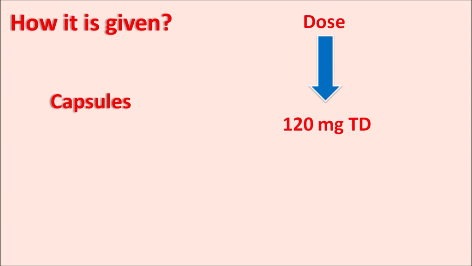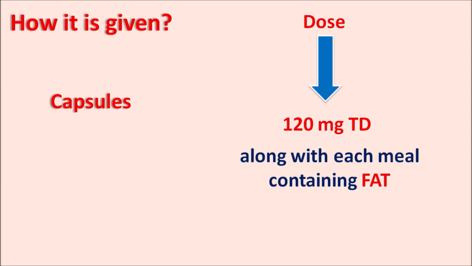How is it given? This drug is available as capsules and the dose of the drug is 120 mg, given thrice daily. But one of the important things is that this drug should be given along with each meal containing fat because this drug mainly acts by inhibition of lipid absorption. So if a meal is not having any significant fat composition, this drug is ineffective.